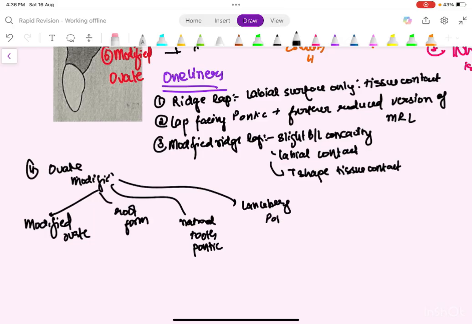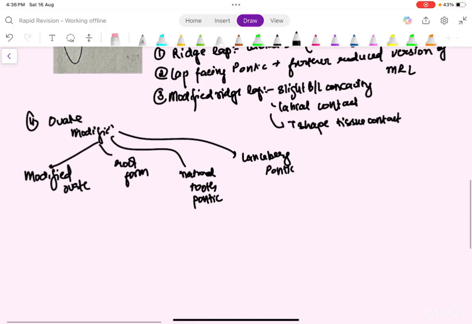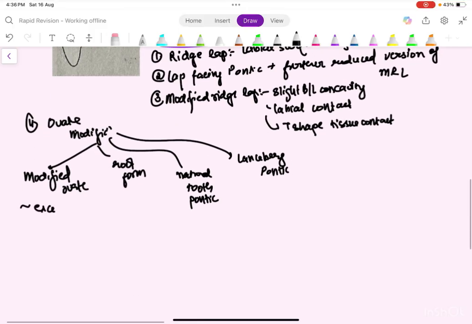Okay. Now let's understand. In modified ovate, it is similar to the normal ovate, except the gingival convexity is in a more labial relationship to the ridge.